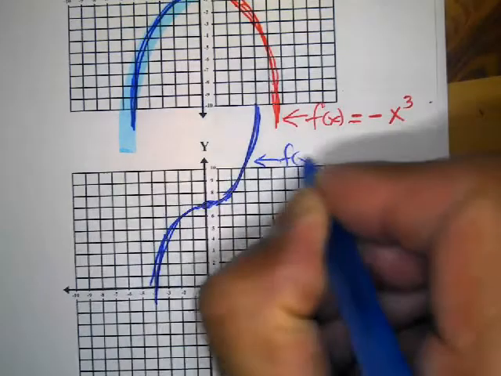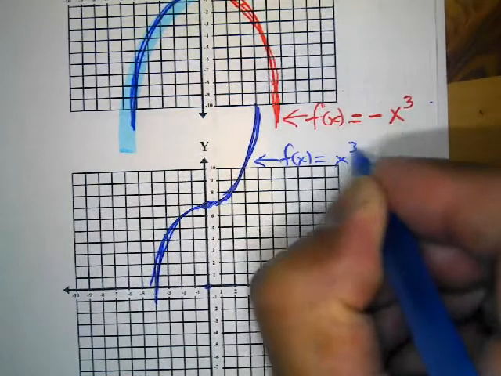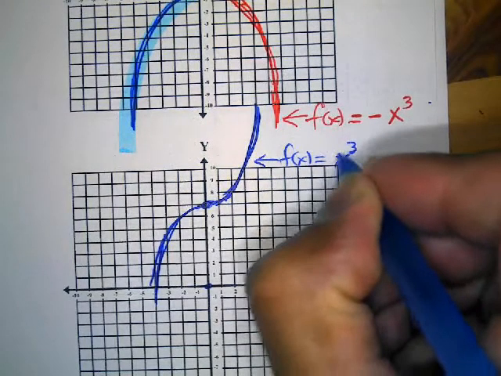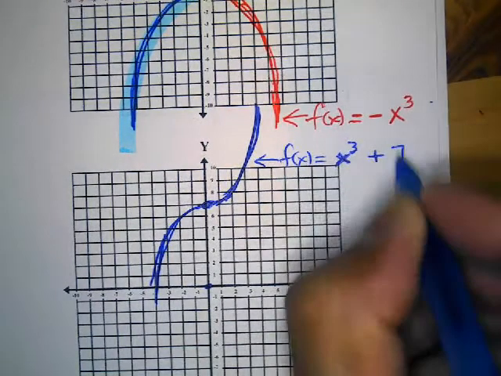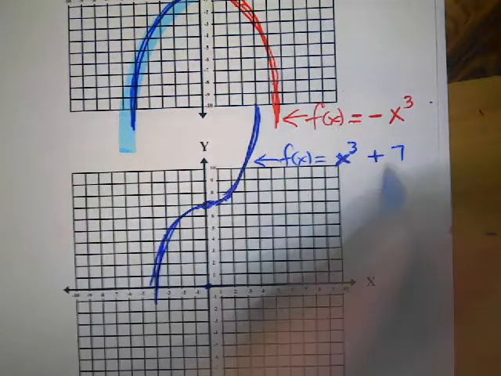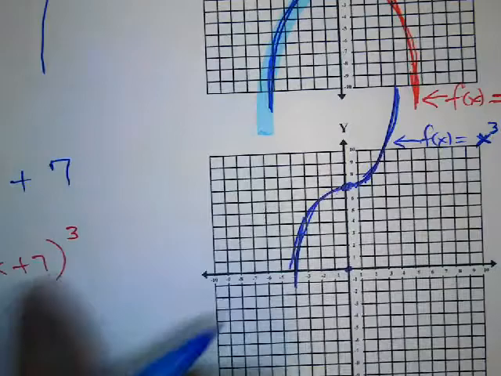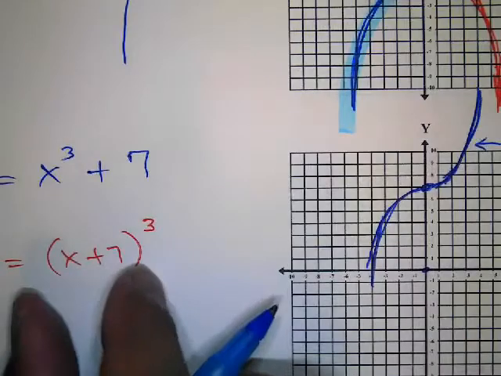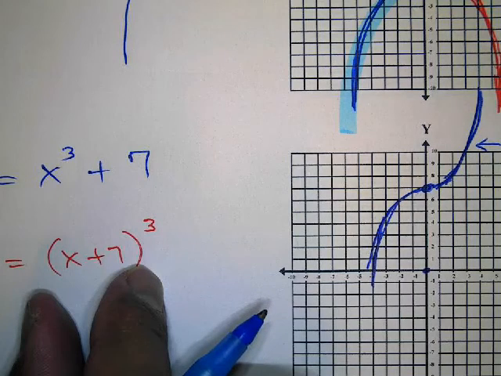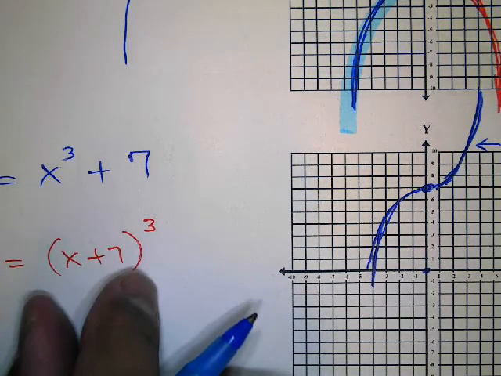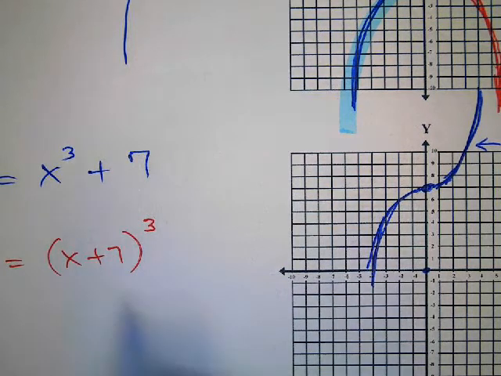This one would be your f of x is equal to x cubed plus 7, right? When you have a number that's added or subtracted, that's a vertical shift. When it's contained inside like this, and we've seen this before with the quadratics, with the absolute value, with the square root, and the same thing.